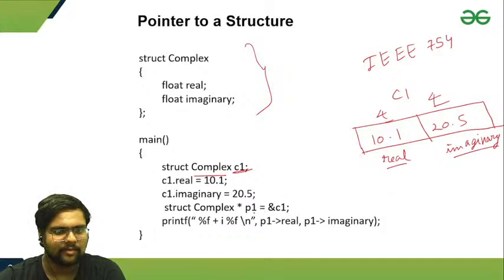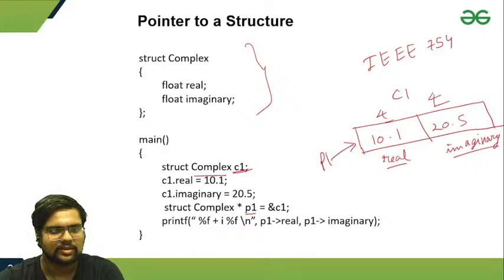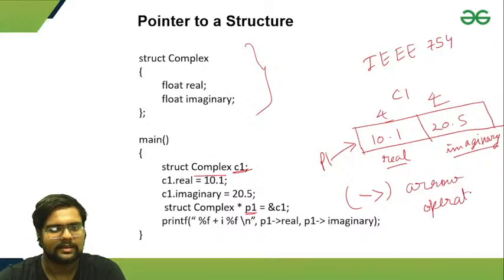But if we create a pointer variable of this complex struct type, then p1 will point to this c1. To access the data members using a pointer, we have to use the arrow operator. The arrow operator is a hyphen followed by the greater than symbol.